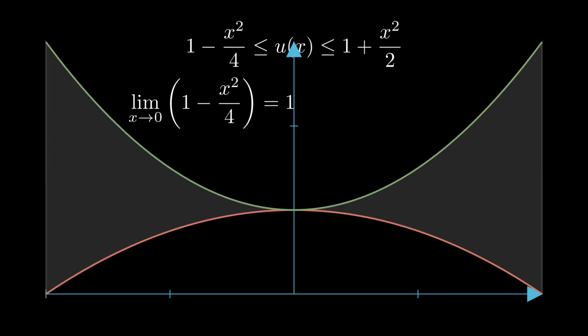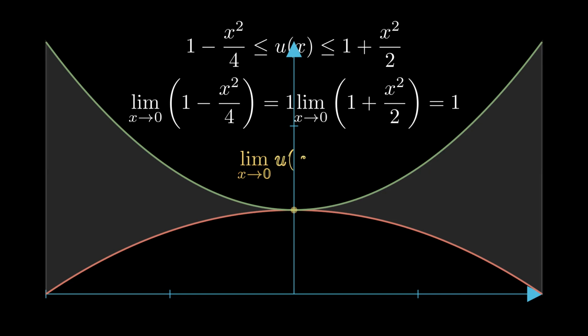When we substitute 0 for x, it equals 1. Next, we evaluate the upper bound as x approaches 0. When we substitute 0 for x, it also equals 1. Now, since the function u of x is sandwiched between them, the limit of u of x as x approaches 0 must be 1.